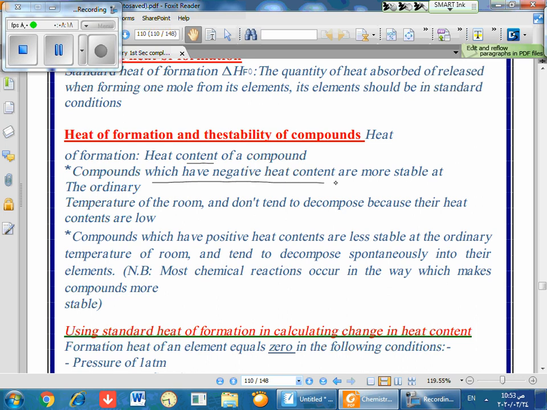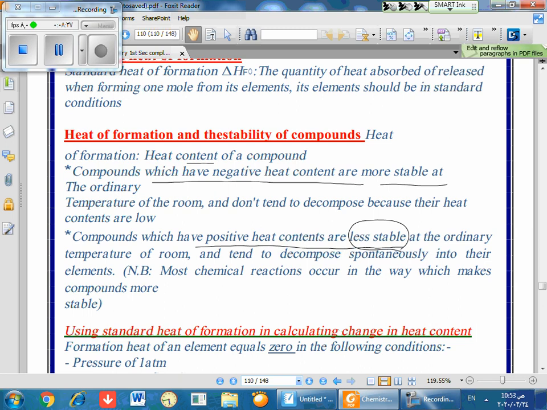While the compound which has positive heat content is a less stable compound. So stability of a compound is related to delta H of formation.